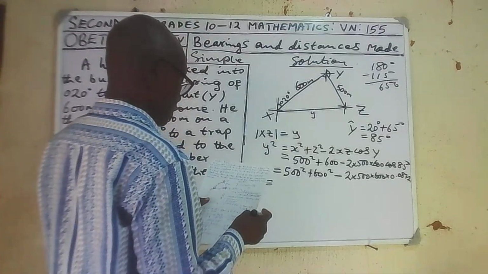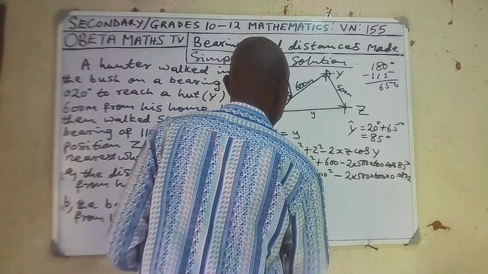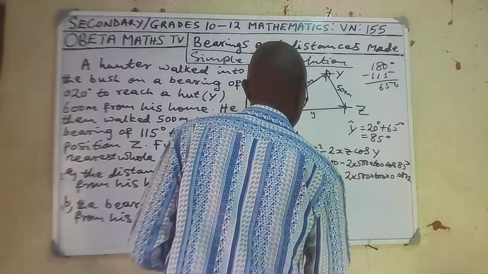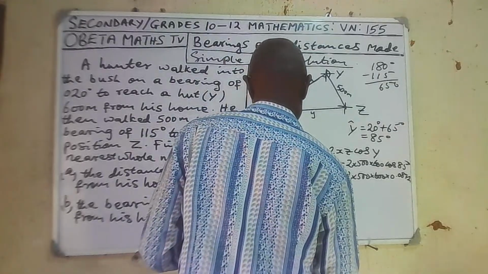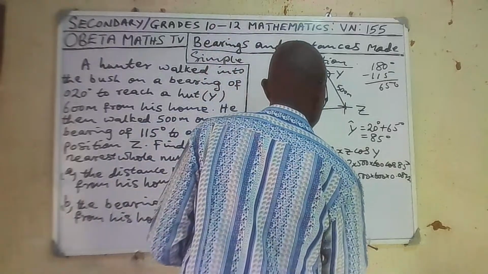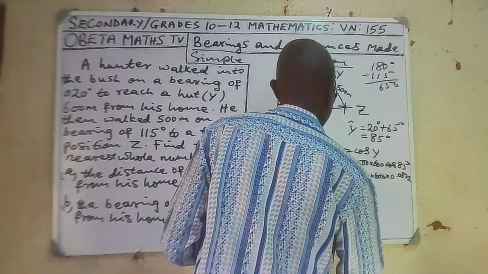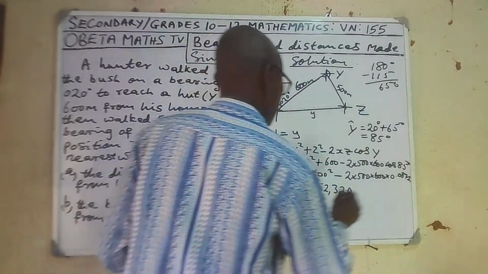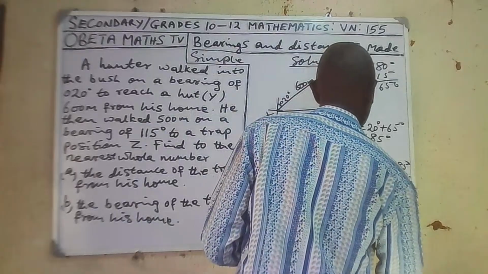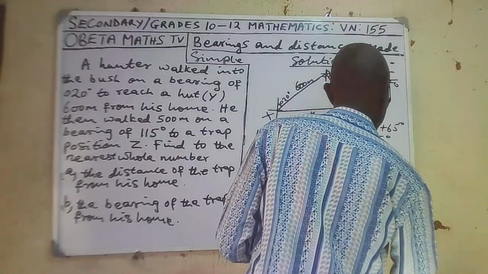Carrying out the addition, subtraction, and multiplication, we have 610,000 minus 52,320, and that will give us 557,680.